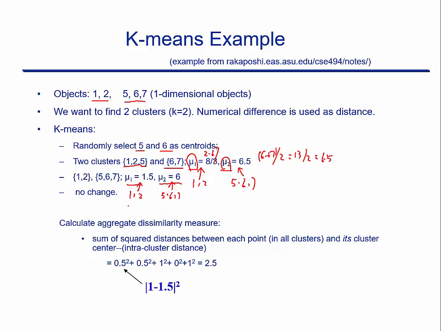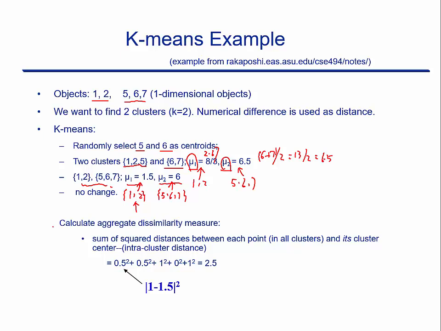Then the new clustering will be 1, 2, and 5, 6, 7, and we find that this new clustering result is the same as the clustering result in the previous iteration. So there's no change in the clustering membership. Now our K-means algorithm converges to the final solution, and the algorithm stops.